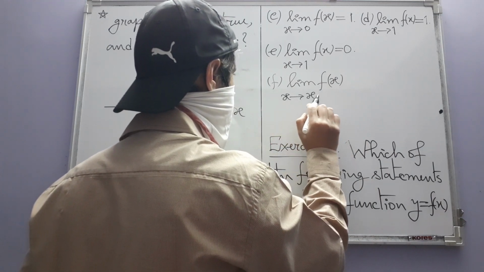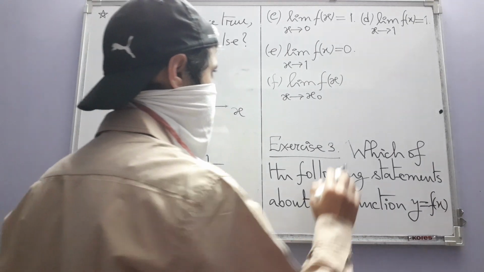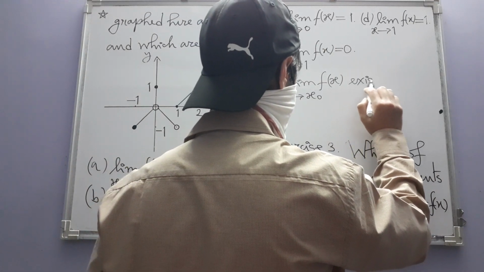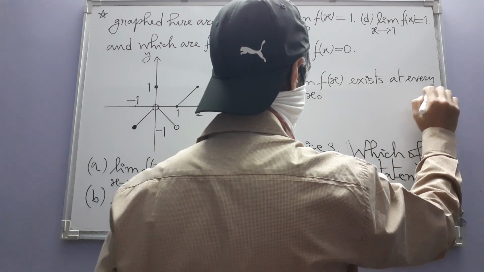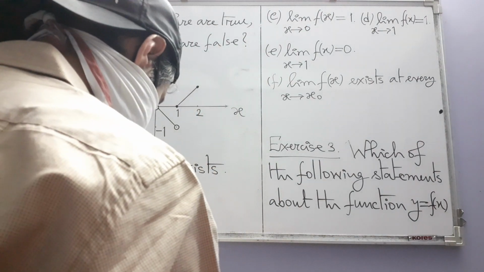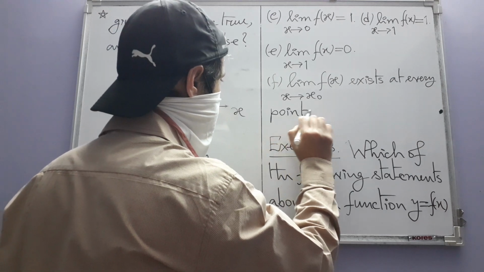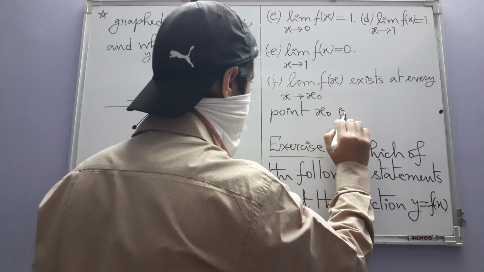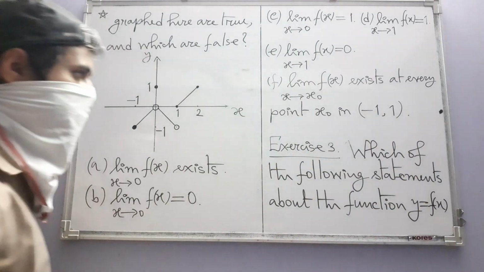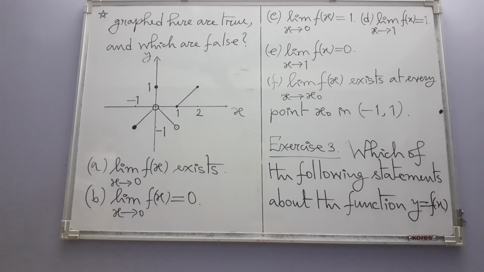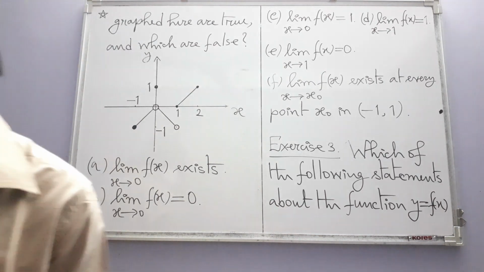This limit where x approaches x naught exists at every point x naught in the open interval -1, 1. Okay, so let's see which of the following statements are true. This part we can just simply erase.